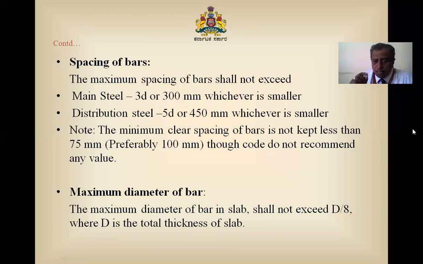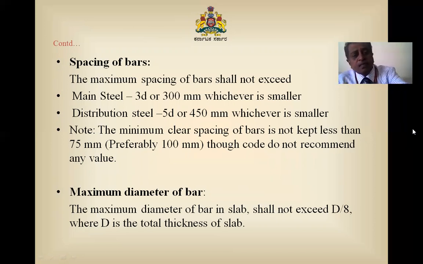Now, the minimum clear spacing of the bars is not kept less than 75 mm. Though the code is not recommending this value anywhere, the minimum spacing in beams is 20 plus 5, meaning the maximum size of coarse aggregate plus 5 mm.